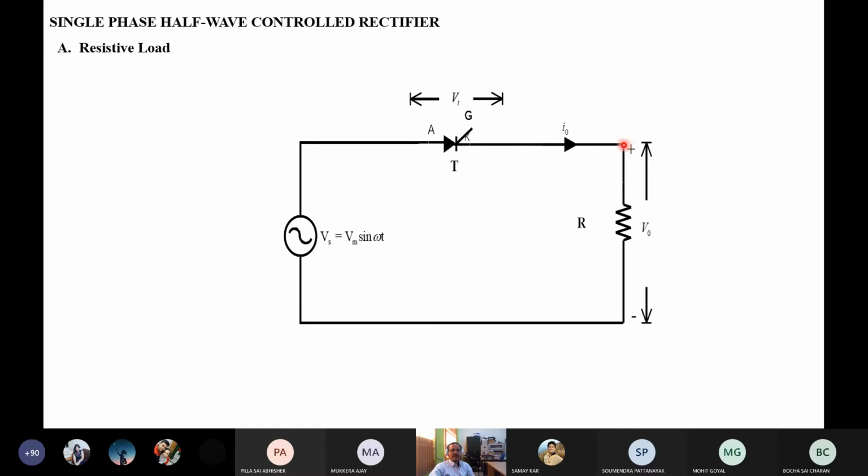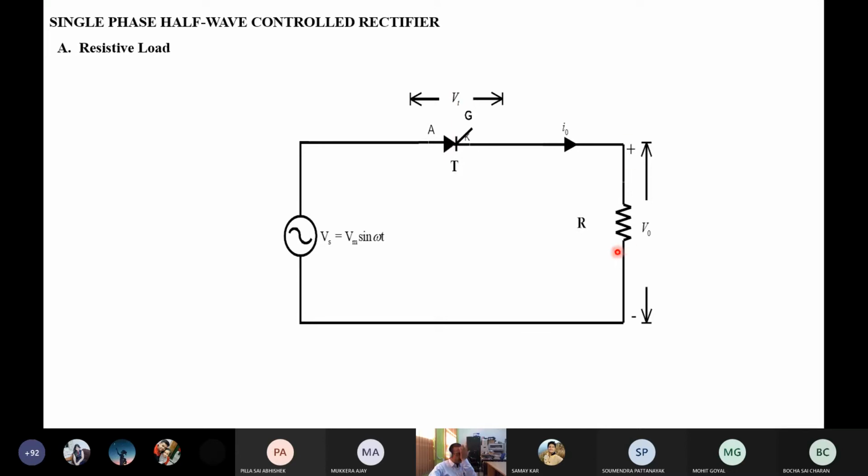Therefore, the voltage across the load V0 is equal to Vs. We draw the circuit. Supply voltage Vs is Vm sin omega t. This is the load voltage. So when it is closed, the voltage across the load is the source voltage. When it is off, the voltage across the load is 0.